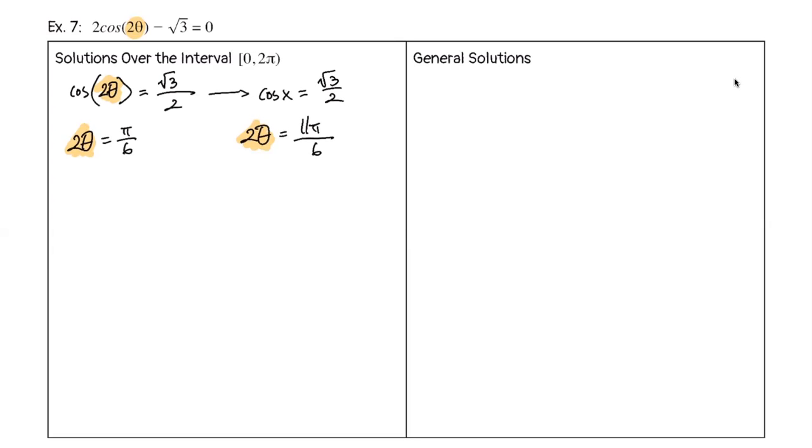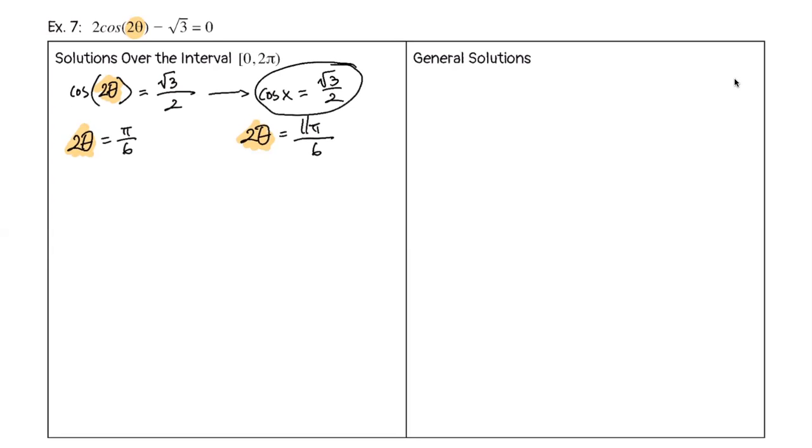This goes back to that first unit where I wanted you to write these sentences out. I'm sure some of you thought you didn't need to, but it keeps coming back, right? So when we're looking at cosine of x equals √3 over 2, what angles have that x value? Well, pi over 6 and 11 pi over 6.